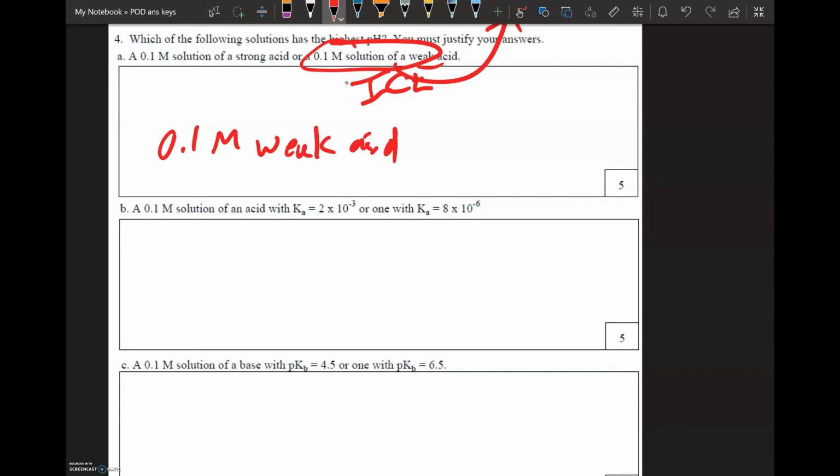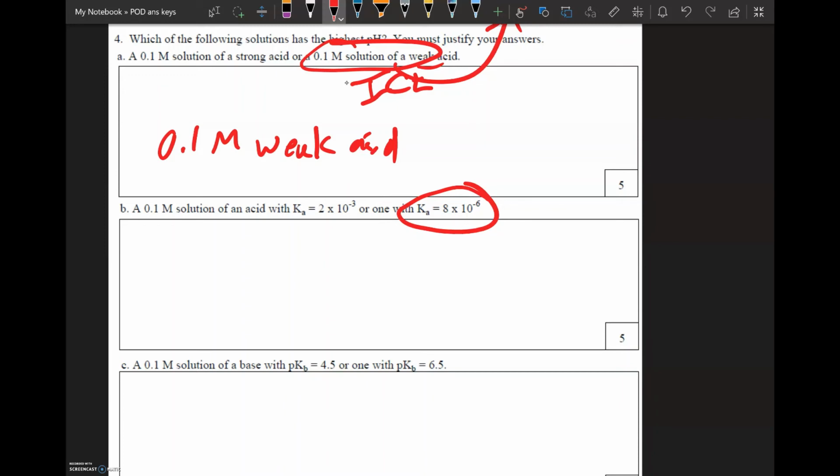Now, the trick to this one is not just focusing on the first number you look at, but also focusing on the exponent that you see at hand. What I'm looking at here is the 8 times 10 to the negative 6. If you were just to focus on which one has the largest number, you would look at the 8 and then you would answer wrong. You'd say the other one, but focus on the exponent.